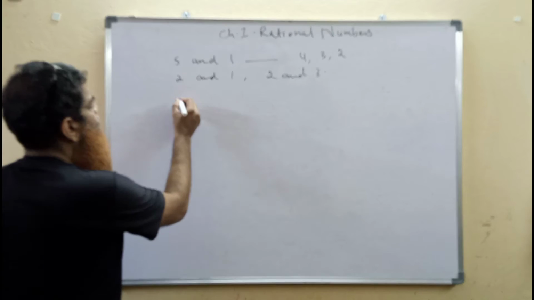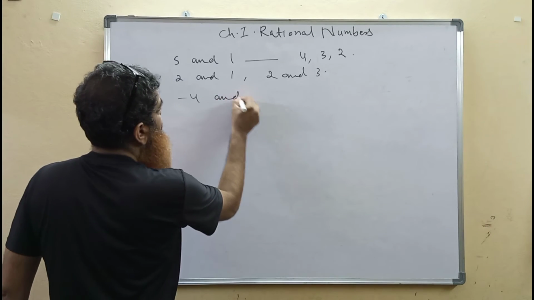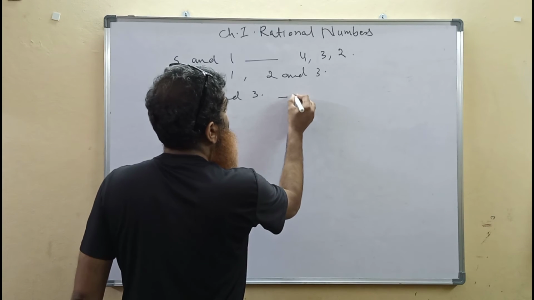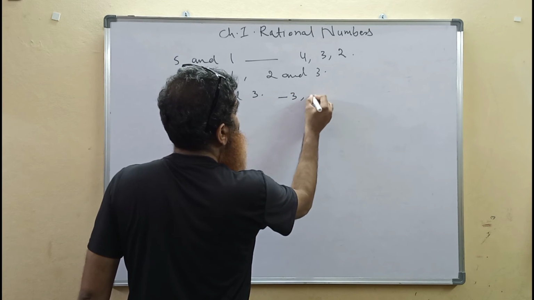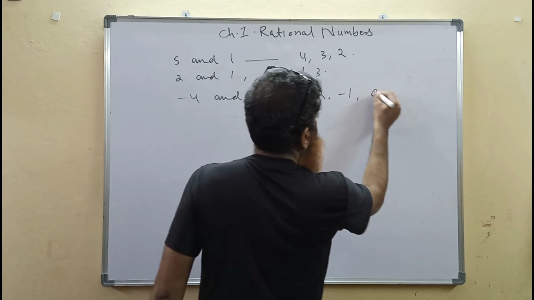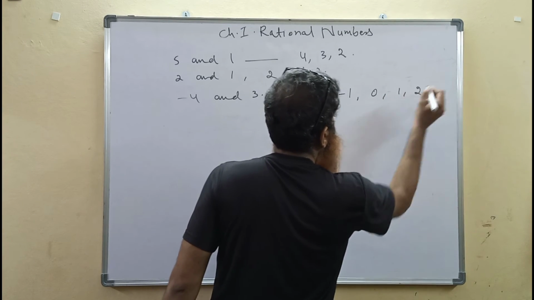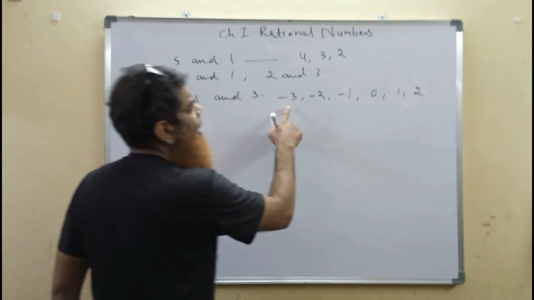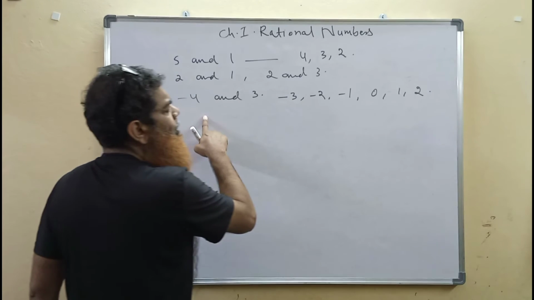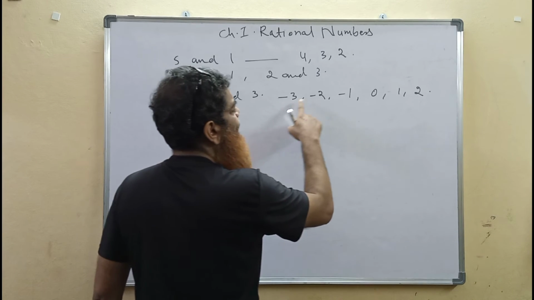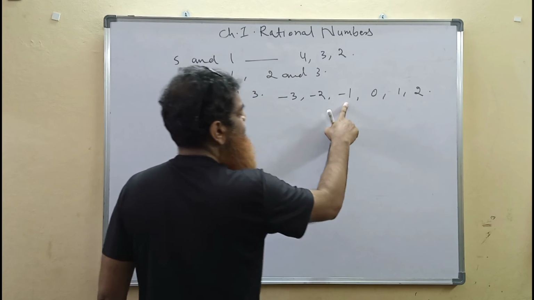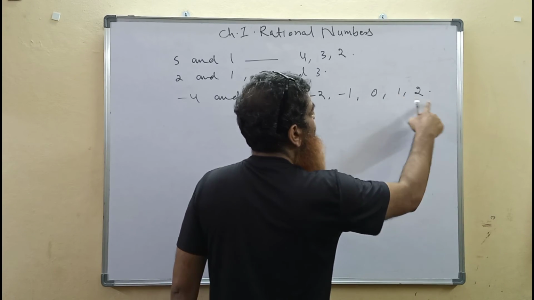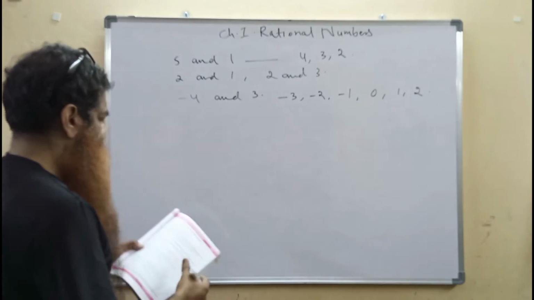Then there are integers between minus 4 and 3. The integers between minus 4 and 3, if you remember, are minus 3, minus 2, minus 1, then 0, we have 1, then 2, we have 3 here already. After minus 4 comes minus 3, after minus 3 is minus 2, after minus 2 is minus 1, then we have 0 in the middle, then we have 1 and 2 before 3.